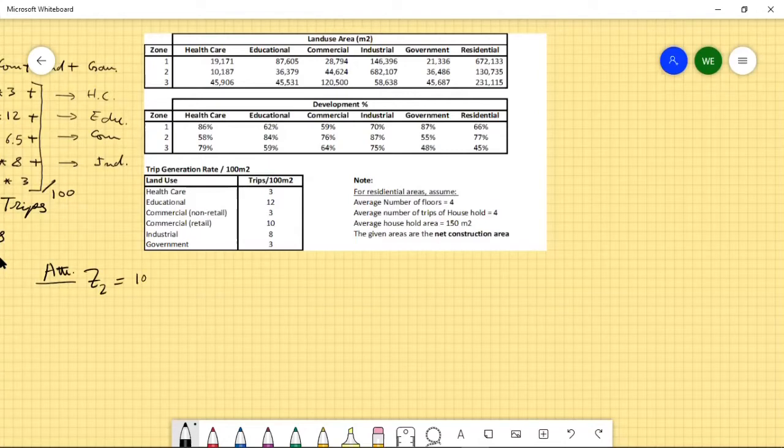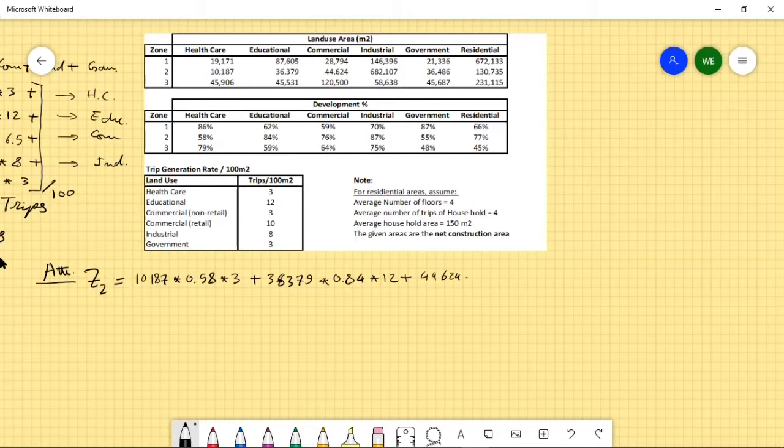10,187 multiply 0.58 multiply 3 plus 36,379 multiply 0.84 multiply 12 plus 44,624.